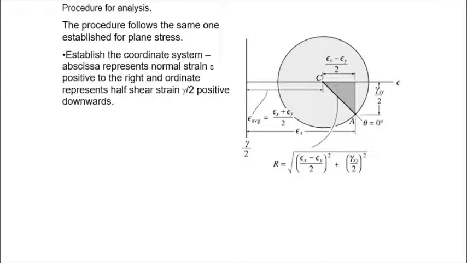If both the normal strains are positive, then the shear strain axis is to the left of your diagram. If one of the normal strains is positive and the other one is negative, then the vertical axis is somewhere in the middle. And if both of the normal strains are negative, then the vertical axis is to the right of the sketch. Or if you draw the graph using graph paper, then you put it exactly on the paper.